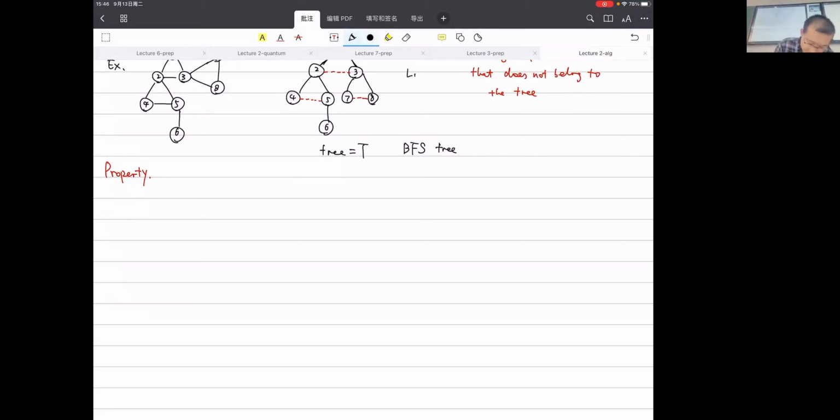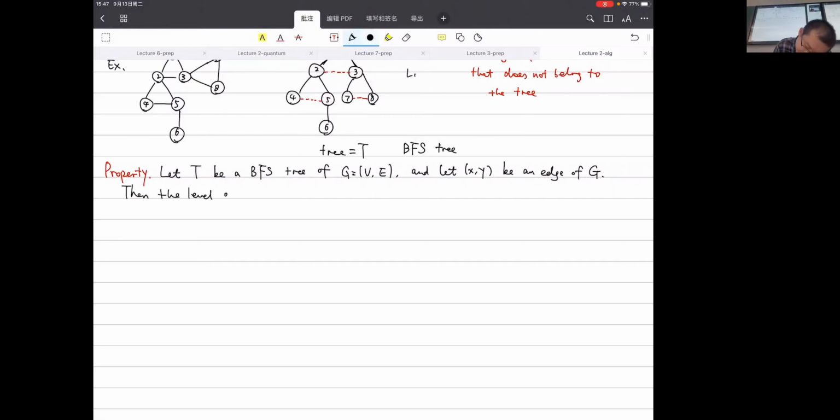The property is this: let T be a BFS tree, and let e equals (x, y) be an arbitrary edge of G. Then the levels of x and y differ by at most 1.